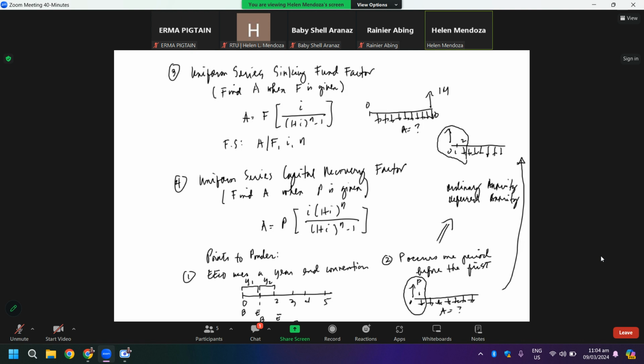For the third rule, it deals with the relationship of F and A. For F, F must occur at the same time with the last A. Meaning, if you have these given values, for instance, if you deposited 1, 2, 3, 4, 5, 6, 7, and you are asked to find the value of F at time 7, then you can make use of the formula.